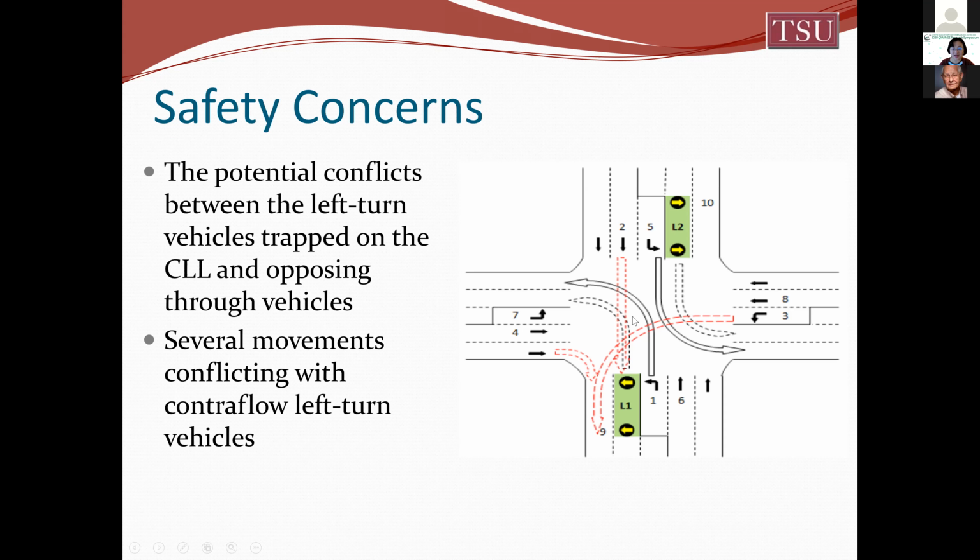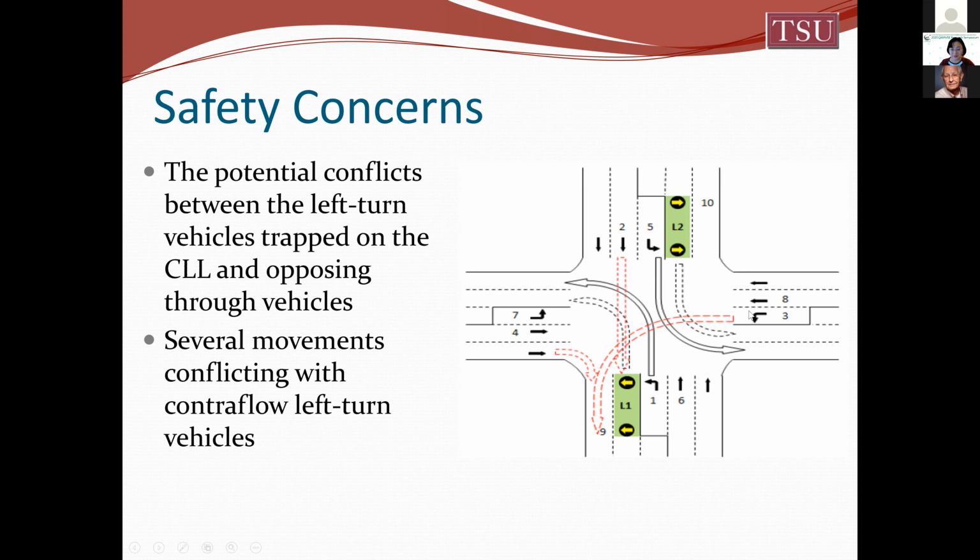And besides the conflicts between the left-turn vehicle on the contraflow lane and the opposing vehicle, there are other potential conflicts. First, the left turn from the cross street. You can see for the cross street on the right side, when the vehicle makes a left turn, it may also conflict with the vehicle stopped at the contraflow left turn lane, because they will stop in this lane for a while to be released.